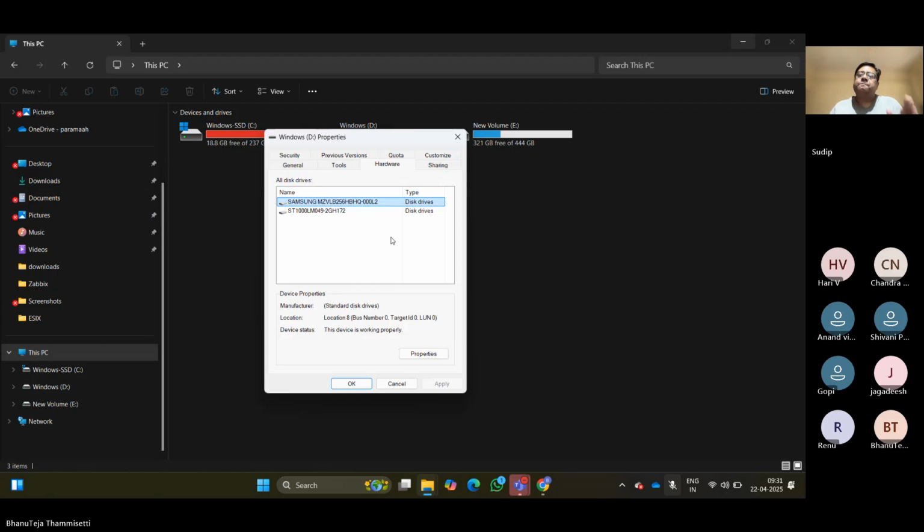Now, what is the second parameter? Once a bus is connected to a disk shelf, in that disk shelf there are so many hard disks in a storage system. It's not just one hard disk. So the leftmost disk will have location 0 and from there it starts counting: location 0, location 1, location 2, location 3, location 4, and so on.